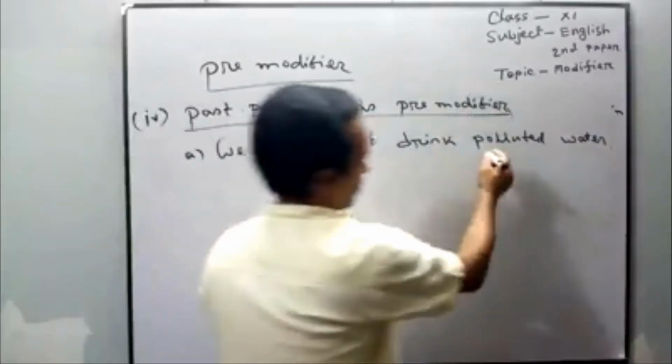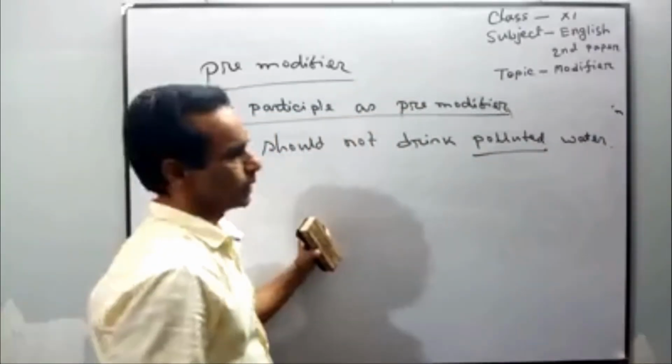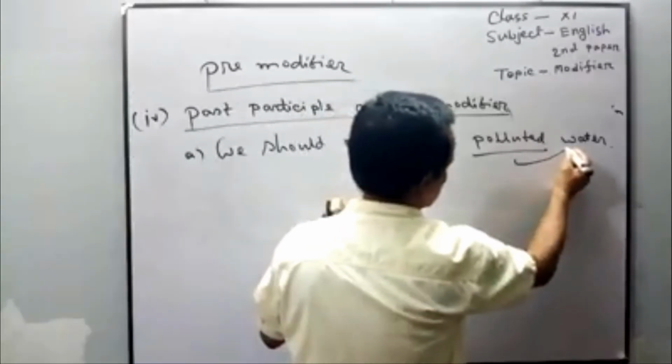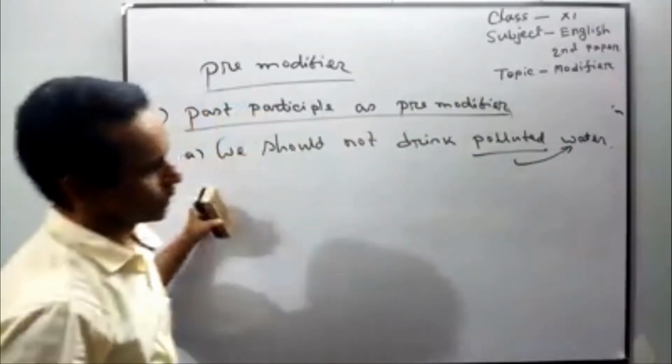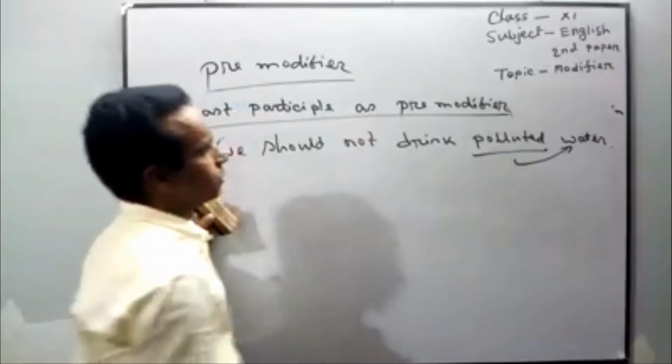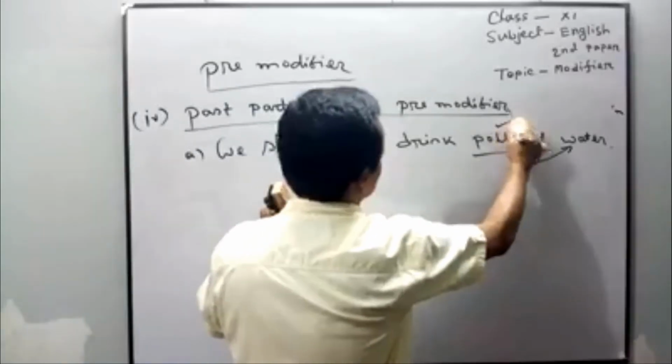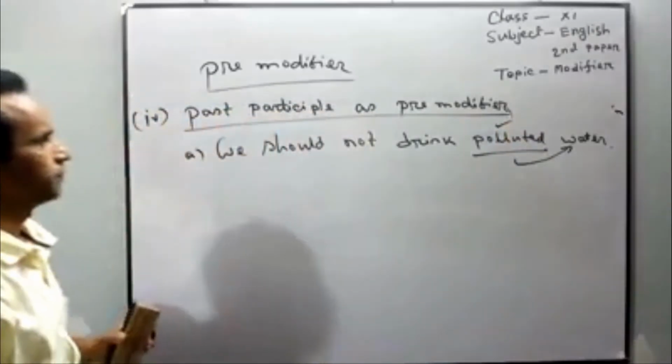Here, polluted is past participle and it has qualified the word water, sitting before it. So, this is pre-modifier.